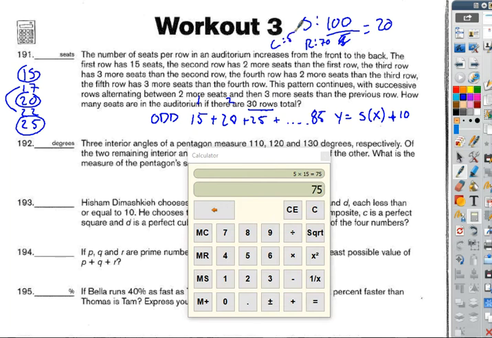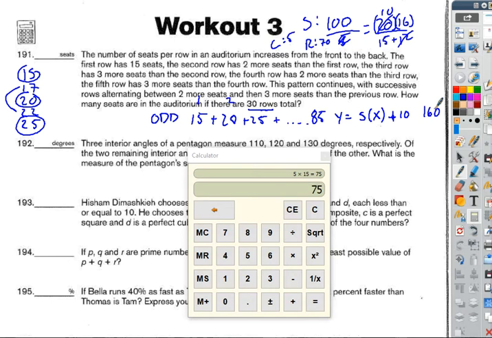So 70 divided by 5 is 14. So we have 14 plus 1 is 15, divided by 2. So we have 10 times 60. So this is going to be 160 chairs.